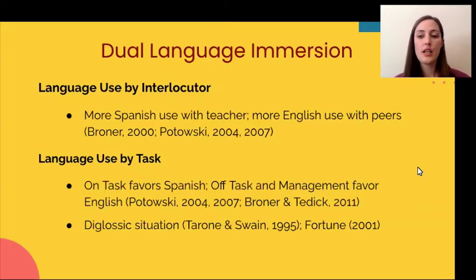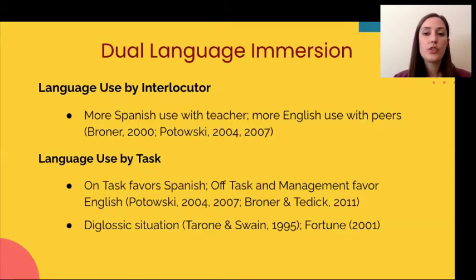So our studies show that being on task tends to prompt Spanish use among students, while being off task tends to prompt English use, as does managing an activity. And managing an activity might be, you go first, or I'll go next, or give me that, or things like that.